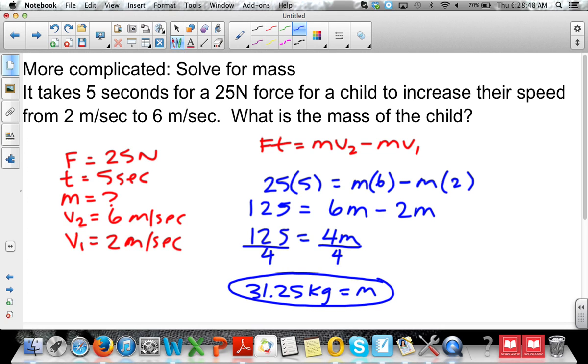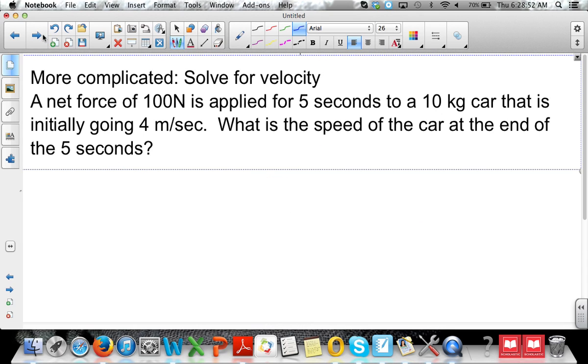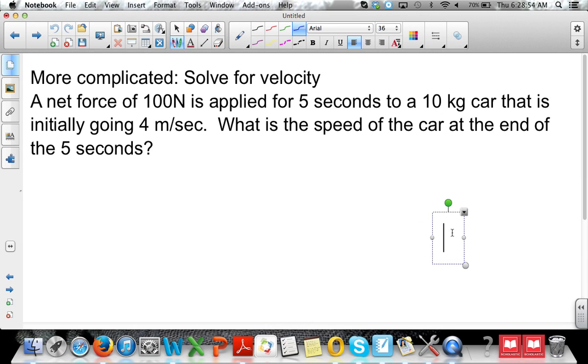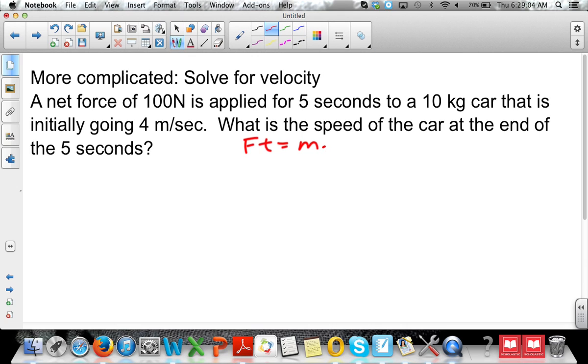Okay. Then the last one I want to go over is more complicated, solving for velocity. The example I did before had zeros, and that makes everything easier, so I want to go through one that's a little more difficult. Okay, so write your formula. Oh dear. Write it correctly.